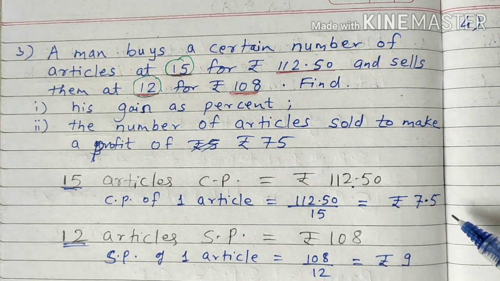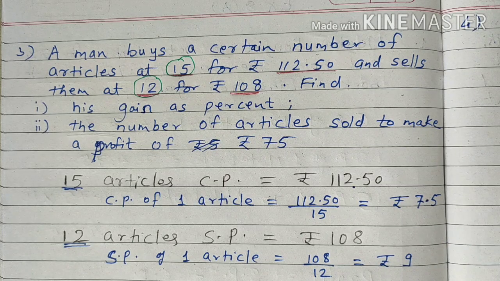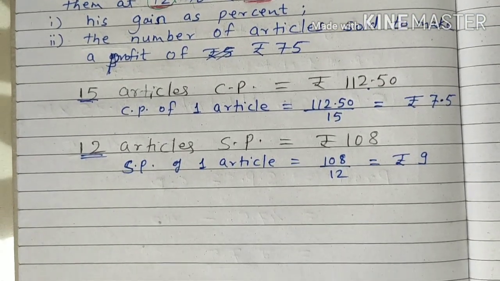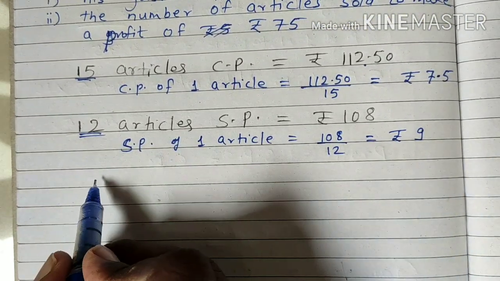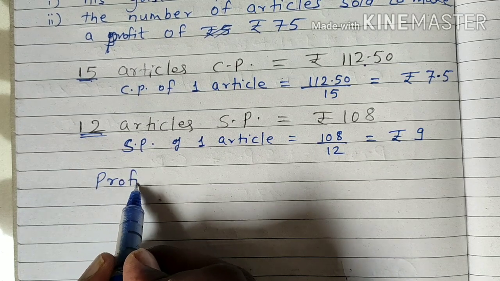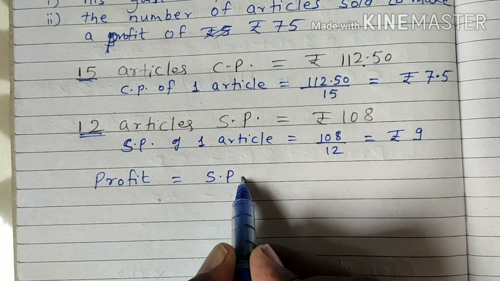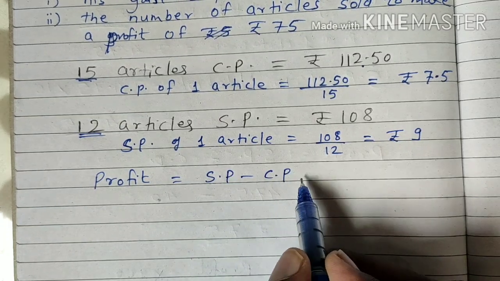As we can see here, cost price is 7.5 and selling price is rupees 9. That means there is the profit. Okay. So let us find out how much is the profit on the one article. Profit is equals to SP minus CP.